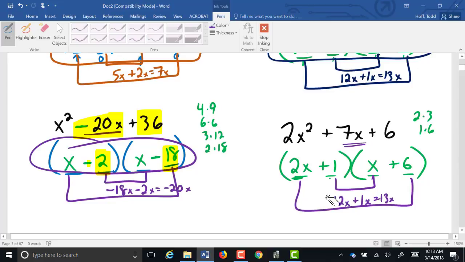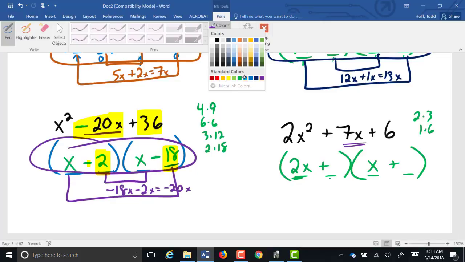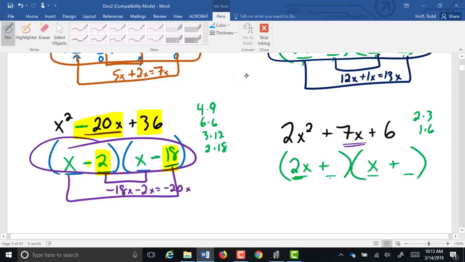Now, because this is a 2x up here, we could switch them. I put the 6 here and the 1 there. If I try that, 2x times 1 is 2x. 6 times x is 6x. That's 8x. That's still not what we want. Which means 1 and the 6 are not it.